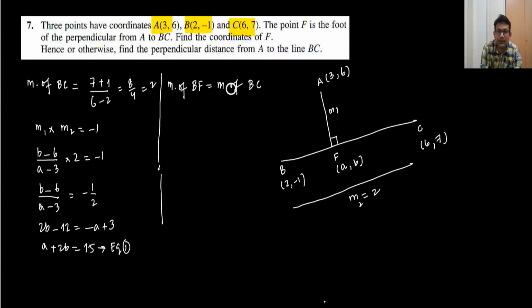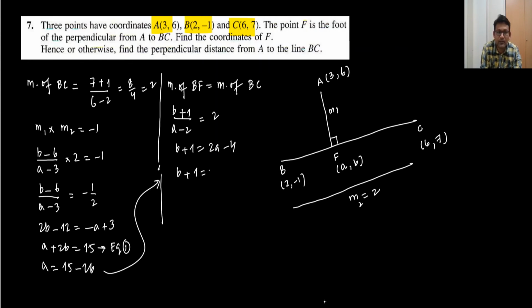BC gradient is 2, so I have to use this actually. (b + 1)/(a - 2) = 2, and b + 1 = 2a - 4. And we can do one thing, I can take the value of a from here, 15 - 2b, and put it in this equation. b + 1 = 2(15 - 2b) - 4. I think we can find the value of b from here.